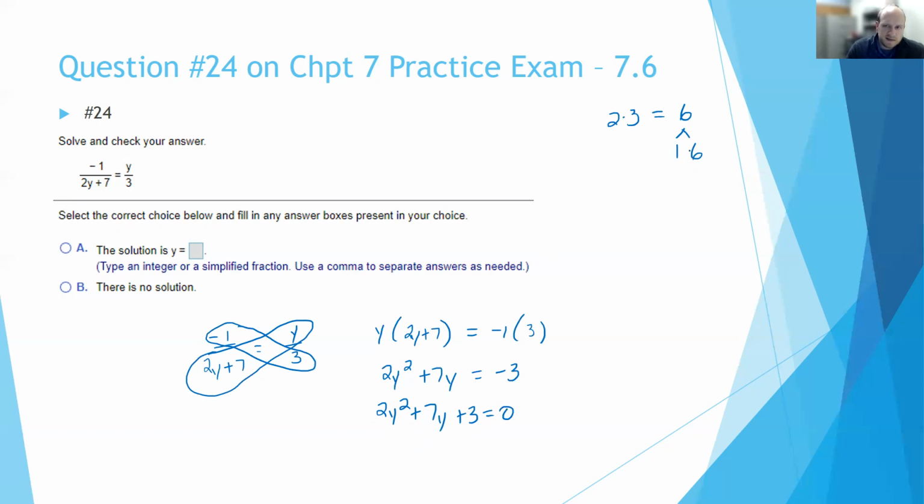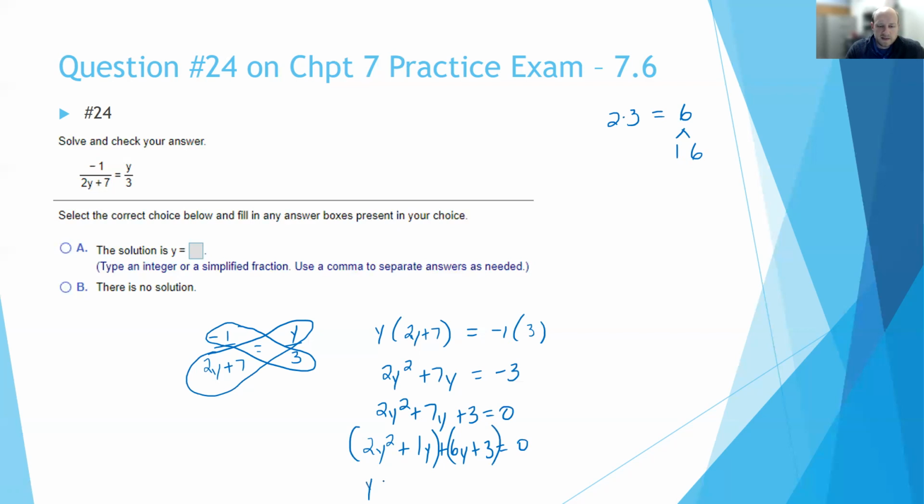So we found this 1 and the 6, and what I did back in chapter 6 is I split the middle term. So I split this into 2y squared plus 1y plus 6y plus 3 equals 0. So I split the 7y into that 1 and the 6. Now we group it. So we group these two things and these two things.